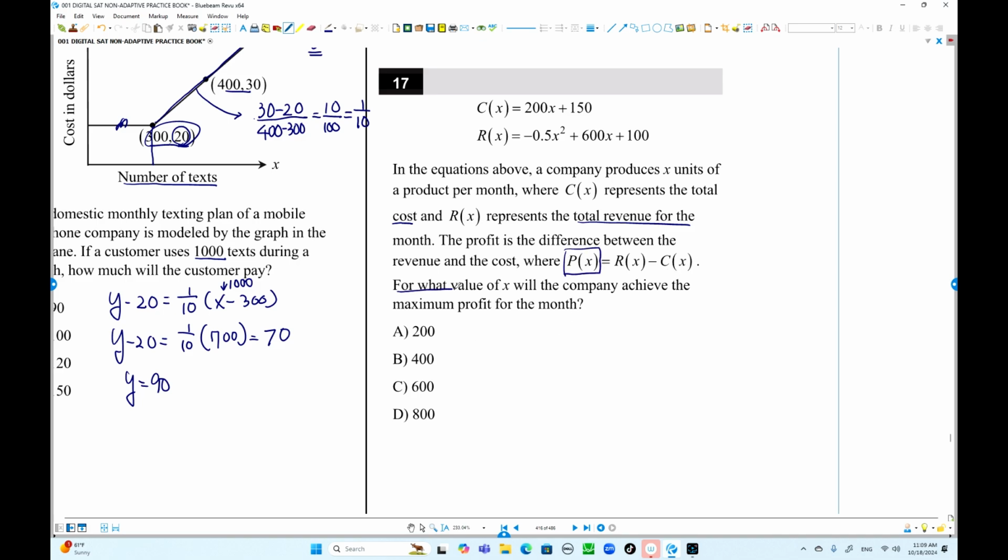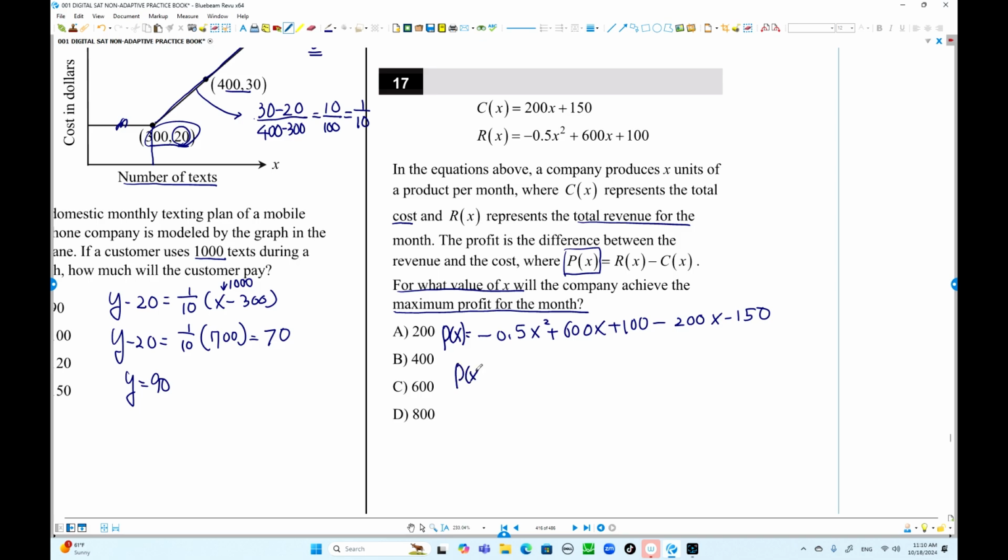Well, what value of x must the profit be maximum, okay? So you're going to find the equation of P(x), R(x) minus C(x). Minus 0.5x squared plus 600x plus 10. From here you subtract C(x), 200x minus 150. That is P(x).